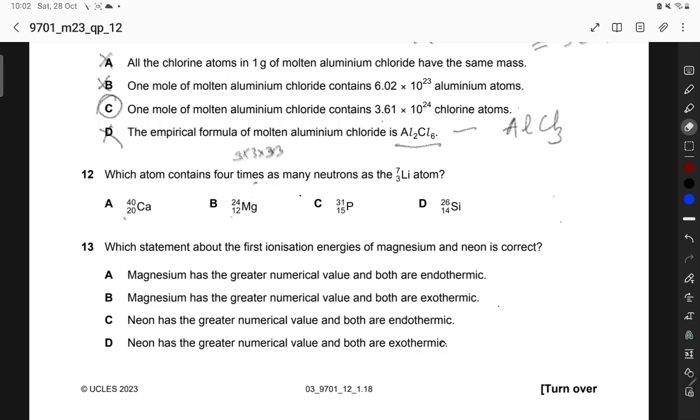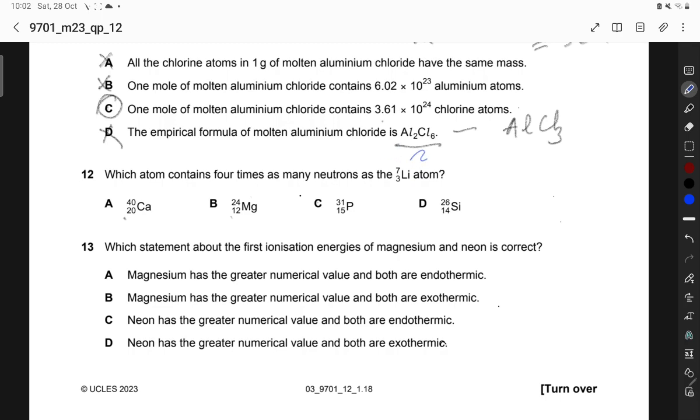So, 4 times of neutrons. So in this case, neutrons will be neutrons in lithium atom.